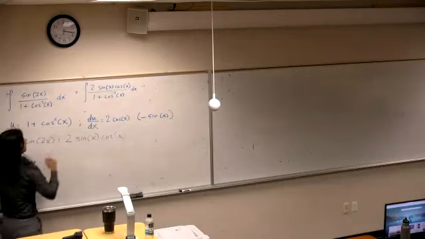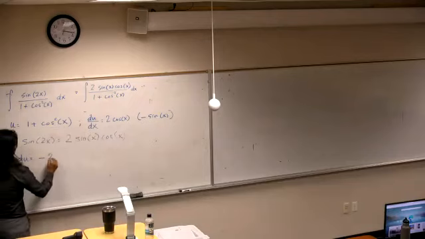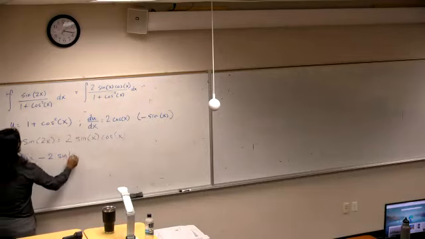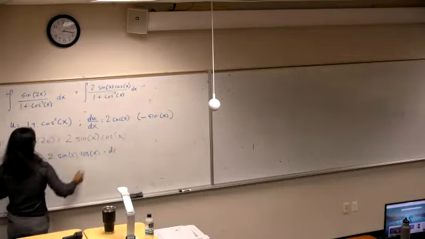Well, if you rewrite that, du would be negative 2 sine x cosine x times dx.